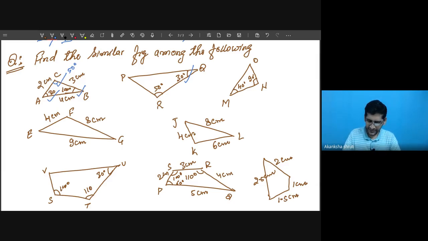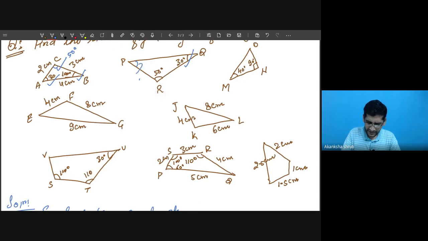Similarly, in PQR, calculate the third angle. The two angles given are 50 degree and 30 degree, so the third angle will be 100 degree. This way the third angle we have calculated.